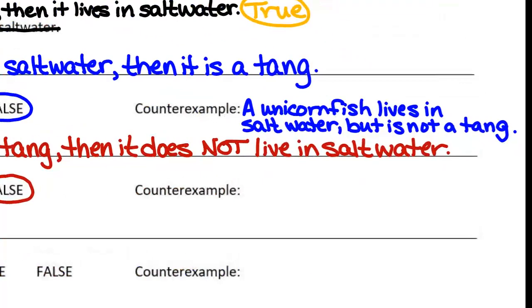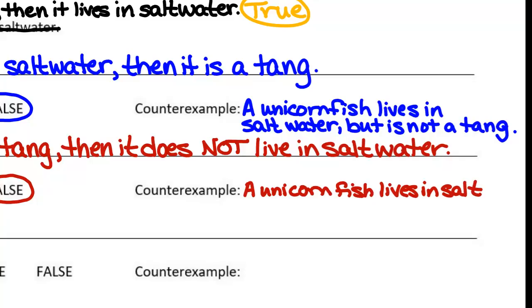So a unicorn fish lives in salt water, but is not a tang.